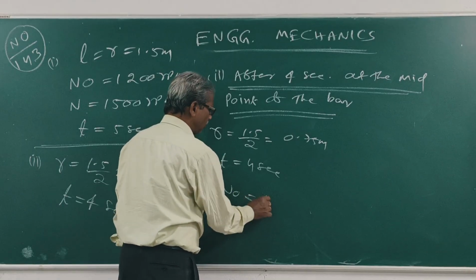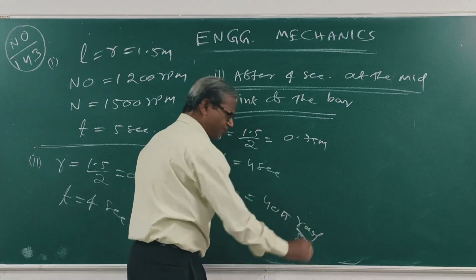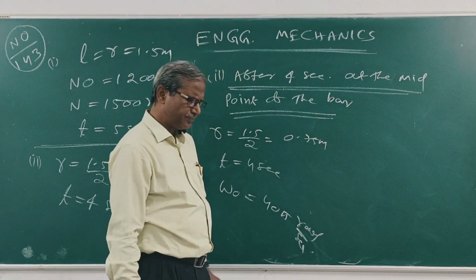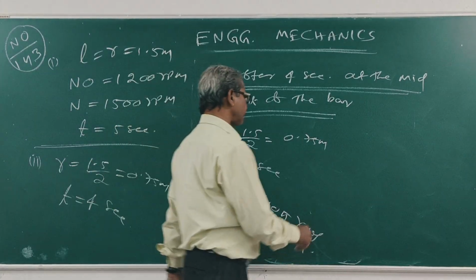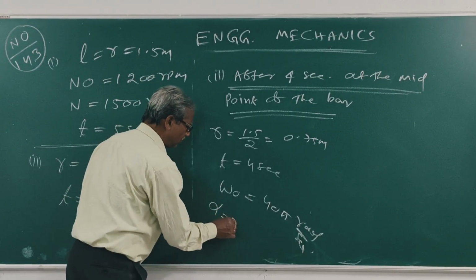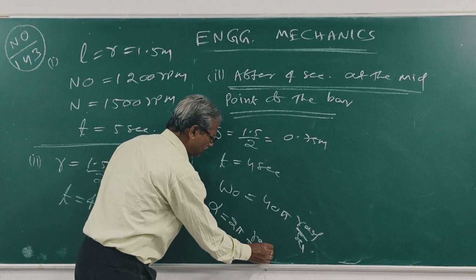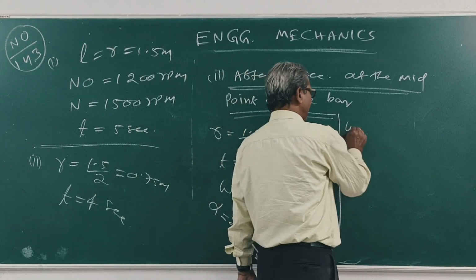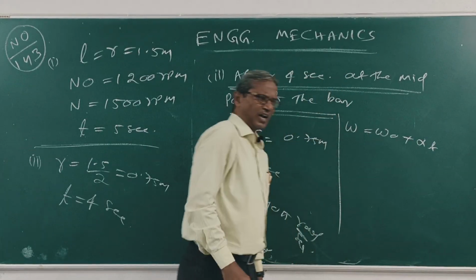Omega 0 is equal to 40 pi radian per second, and alpha is equal to 2 pi radian per second square. Now omega is equal to omega 0 plus alpha t.